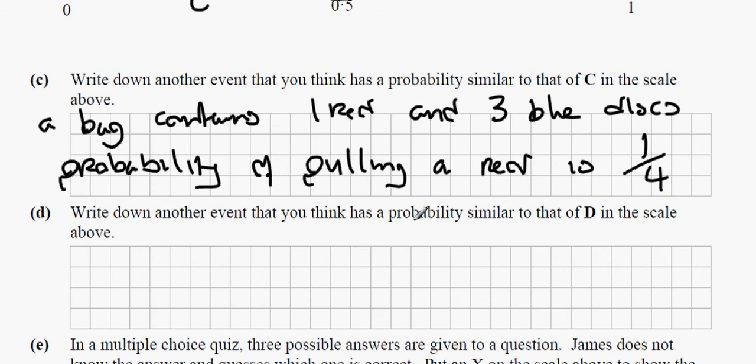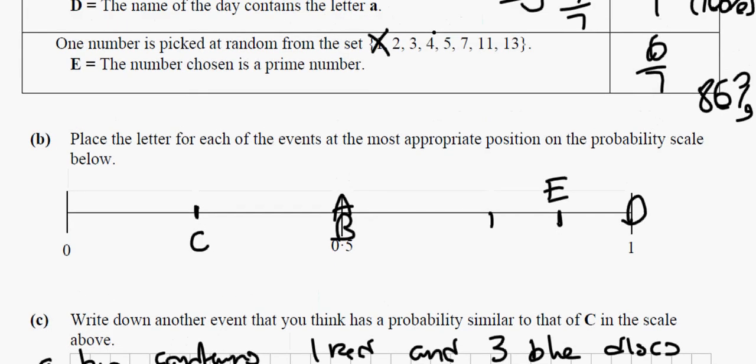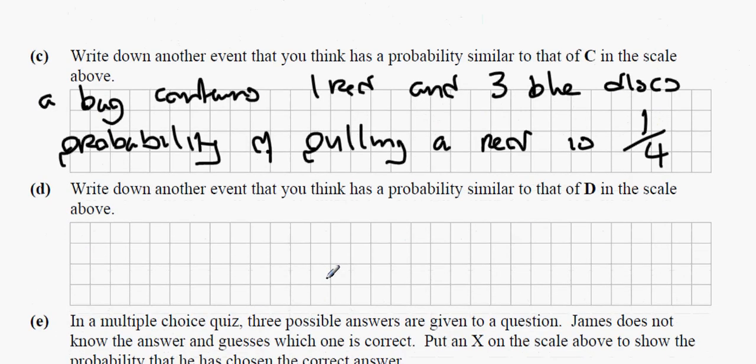Okay, write down another event you think has a probability similar to that of D in the scale above. So D is 100%. Trying to think of something that's dead certain. Something that's dead certain.